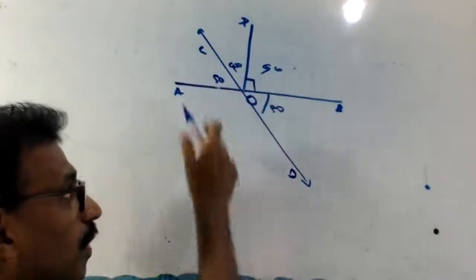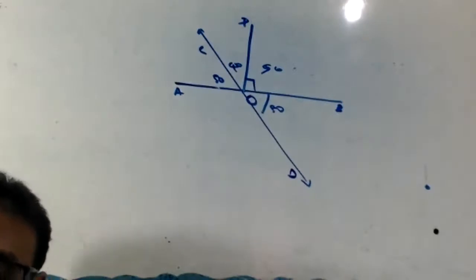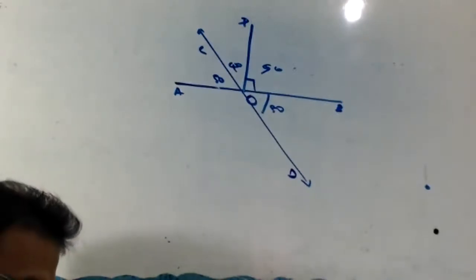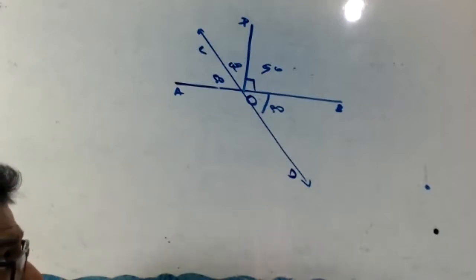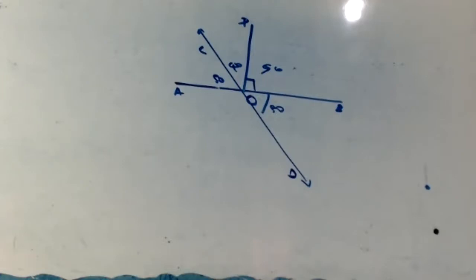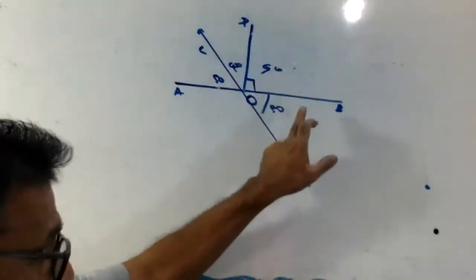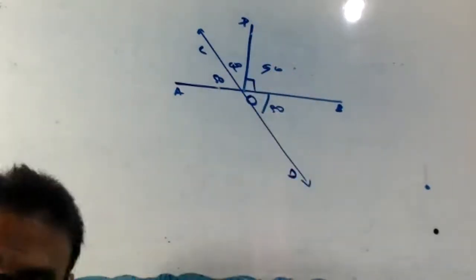Why? Vertically opposite angles. Therefore angle POC is 40 and POD is 90 plus 50, that is 140.